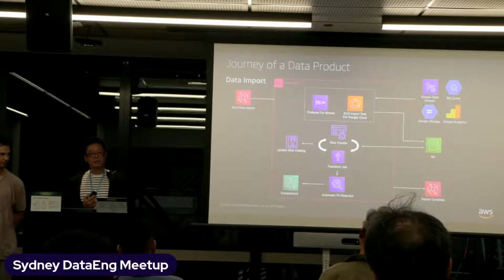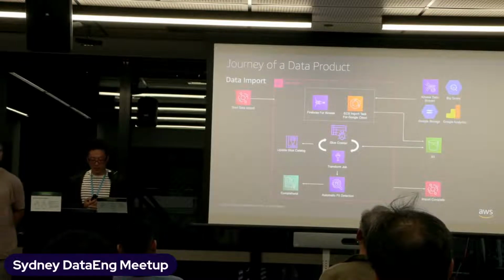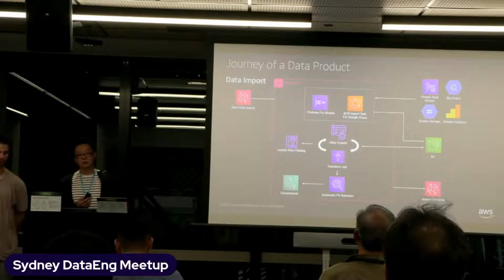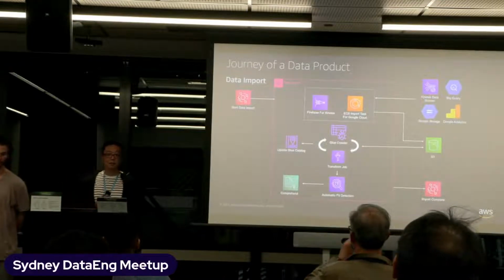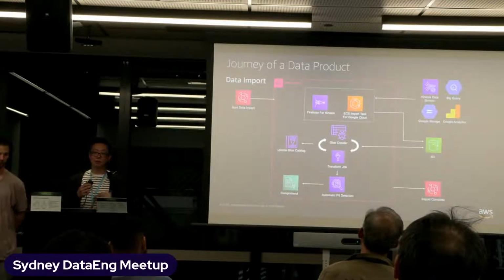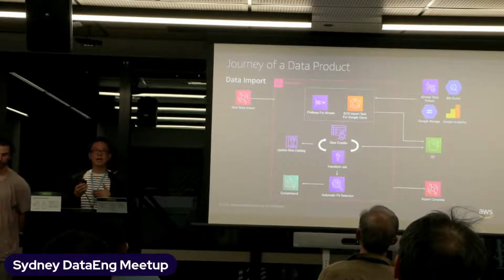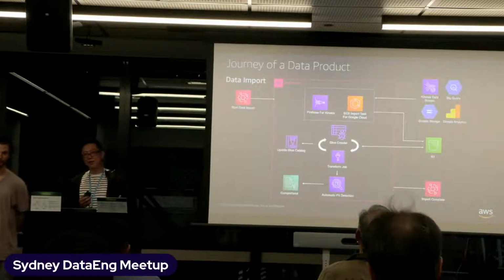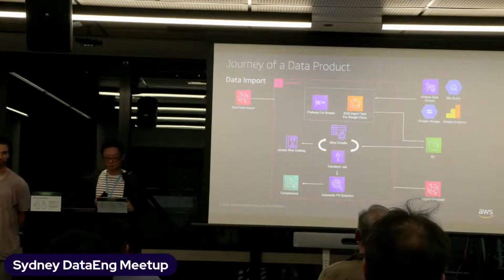But once it lands in S3, the rest follows the same process: you run a Glue crawler and then transform the data, and it goes in a loop where if you have a nested structure, you might have to crawl further once the structure is relationalized. Then we update the Glue catalogs, whether it's an update or a brand new replacement on top of the data. We run blue-green deployment processes so you don't get interrupted when new data automatically flows in. Next time you run a query, you just get updated data.